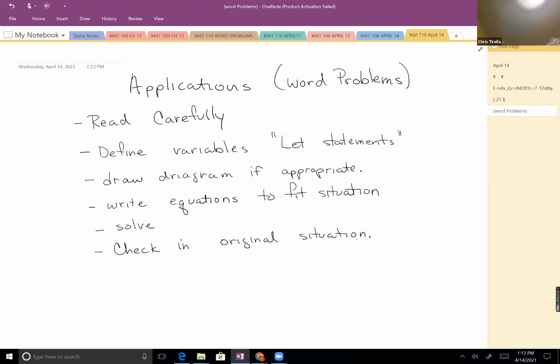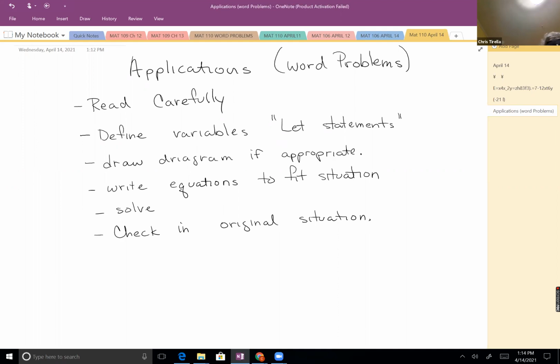Go back to those original words when you do your check. Because we could have solved our equations great, and our checks would work in our equations. But because we made up the equations, we have the right solution to the equations. We want to make sure we have the right solution to the situation. So, does everybody have that down?